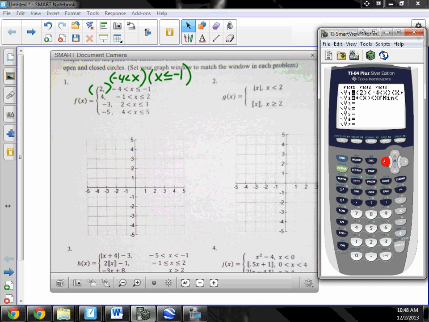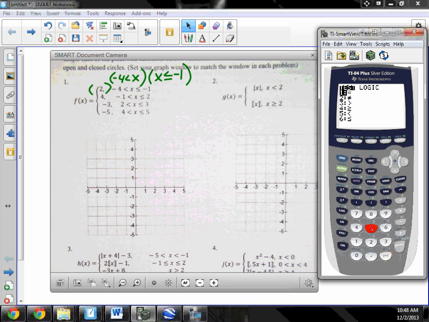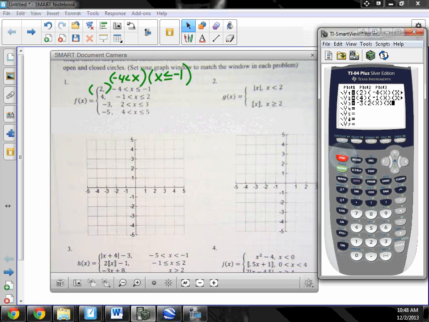Oops, messed that up somehow. Two. Oh, forgot parentheses. Oops.